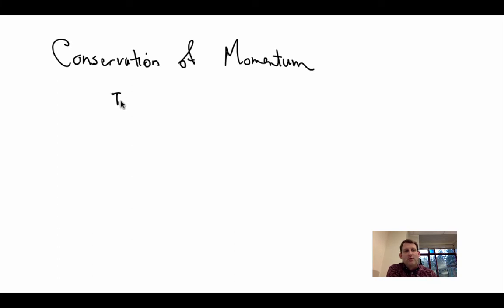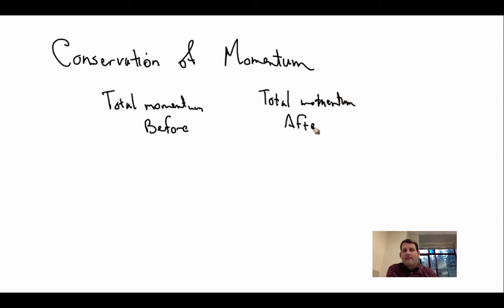So if we take the total momentum before an event, say in a collision, and we look at the total momentum after, these two things are always equal if there's no outside forces acting on the objects.